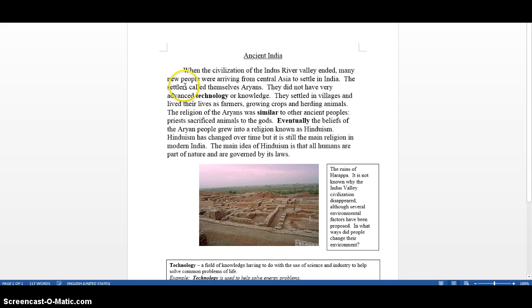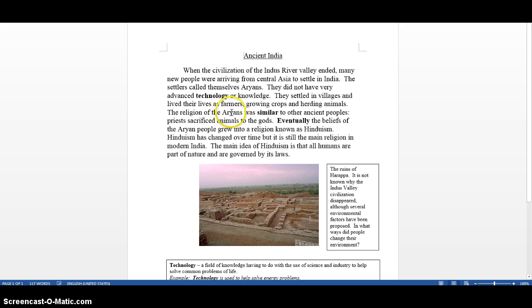So settlers are people who stop and live. These people were called Aryans, the first people that came into India. They did not have a very advanced technology or knowledge. They settled in villages and lived their lives as farmers, growing crops and herding animals.